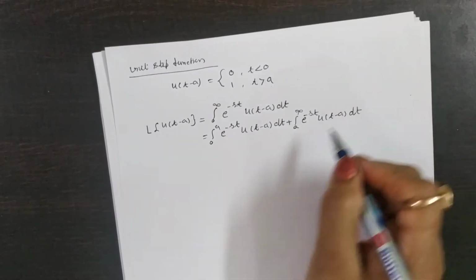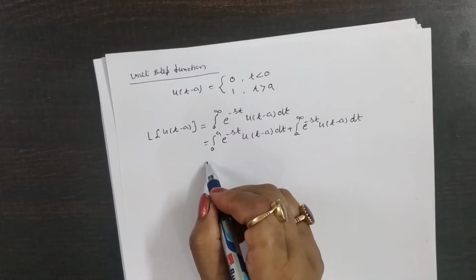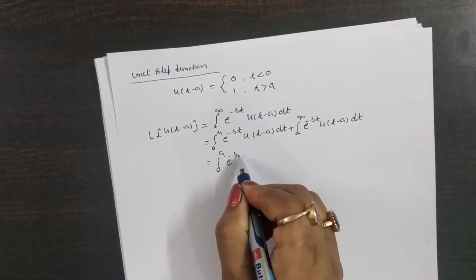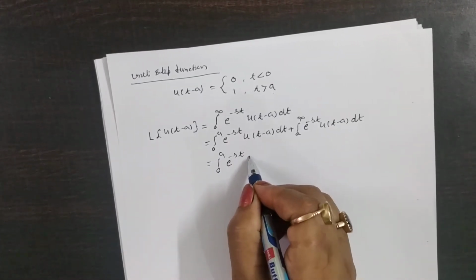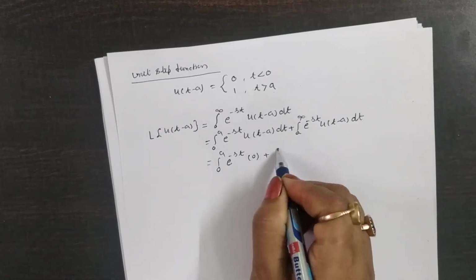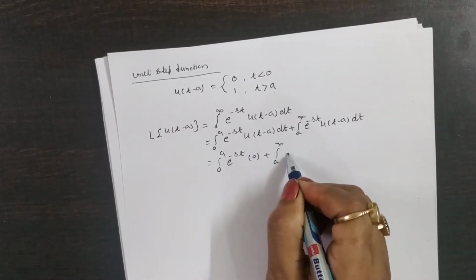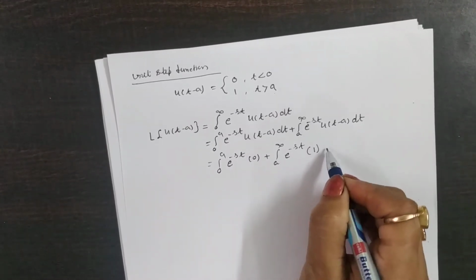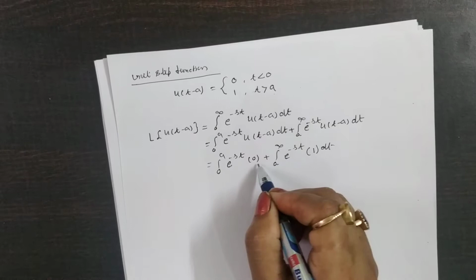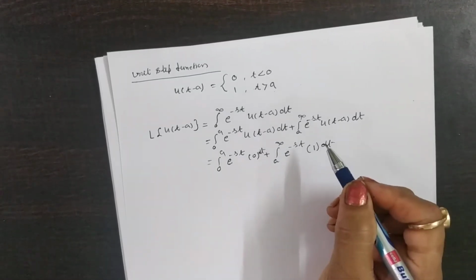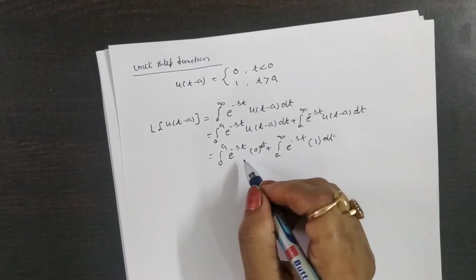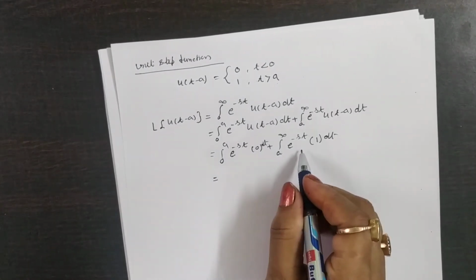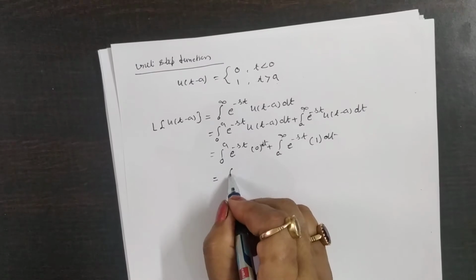Now substituting the values, this is equal to the integral from 0 to a of e to the power minus st times 0, and again the integral from a to infinity of e to the power minus st times 1 dt. So the first integral is 0.